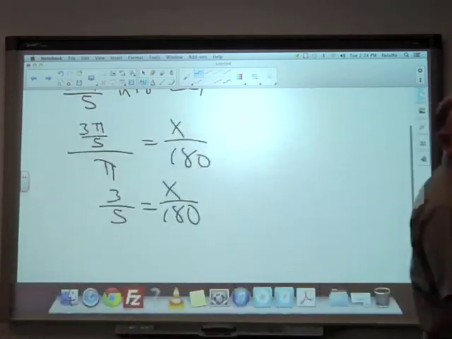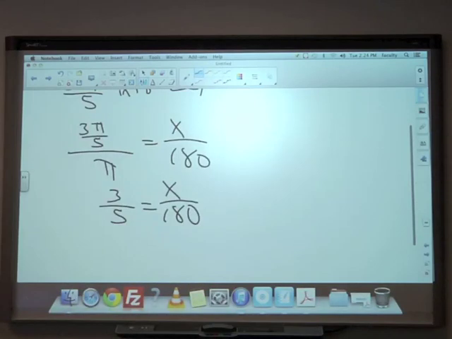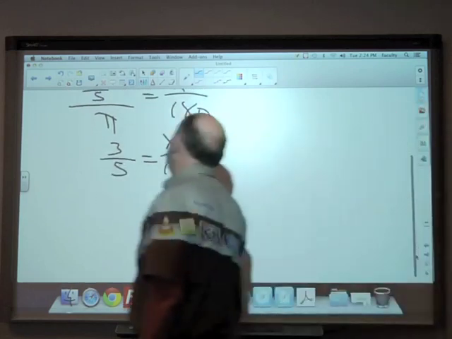The pi's go away. So this is a nice simple proportion. Again, cross multiply and divide.